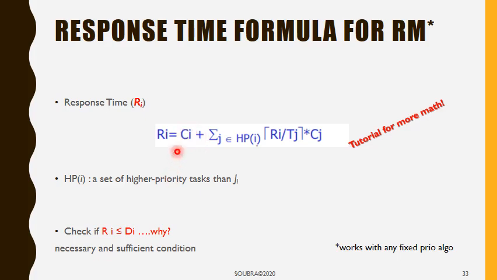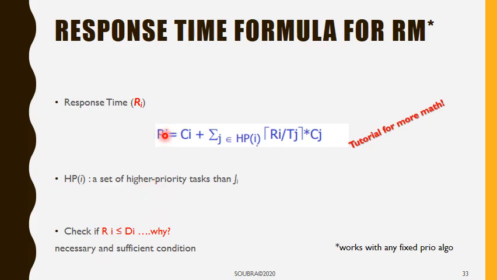So whenever it's there, it will execute directly. So arrival time and start of the execution time are the same, and then it's done, right? However, the problem begins with the lower priority tasks, right?